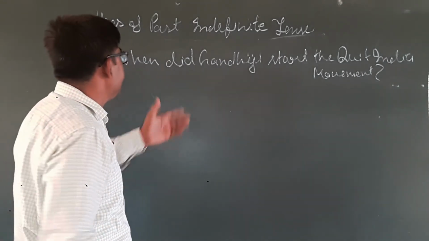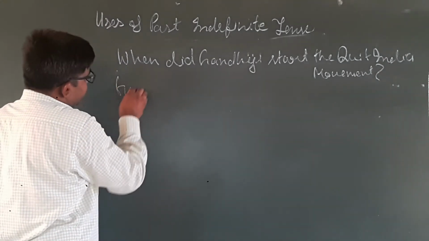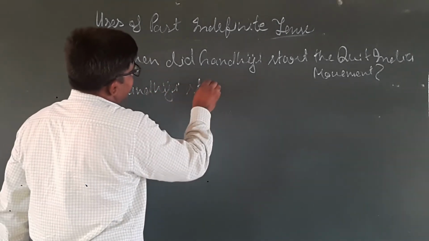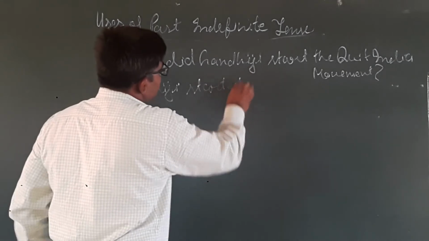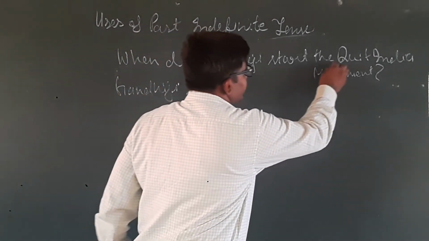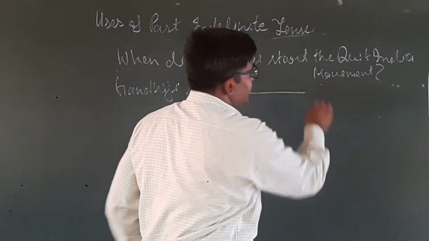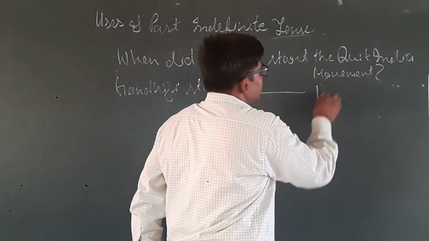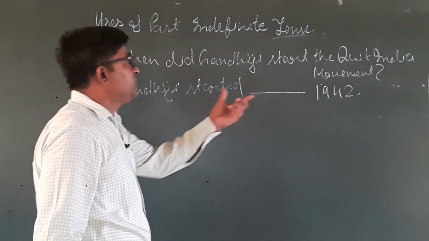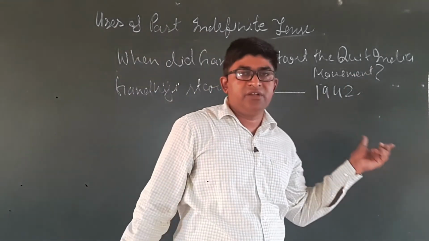We shall write the answer. Gandhi ji, we shall take the subject. Gandhi ji started. Very simple, the use of past indefinite tense. Gandhi ji started the Quit India movement. Then we shall write here the date or the year, 1942. Gandhi ji started the Quit India movement in 1942.